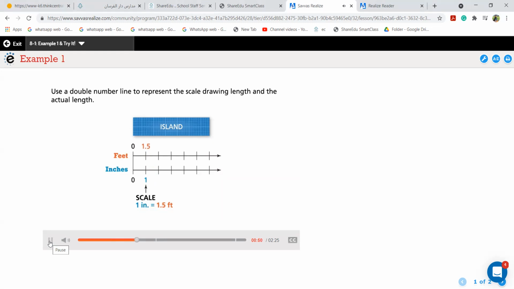This means that as the number line for the blueprint increases by 1 inch, the number line for the actual kitchen increases by 1 5/10 feet. So girls, if they ask you for 3, you will multiply 3 times 1.5. If they ask you for 4, you will multiply 4 times 1.5, so you'll get 6. For this number, you'll get 7.5. For 6, you will get 9. So did you get this?